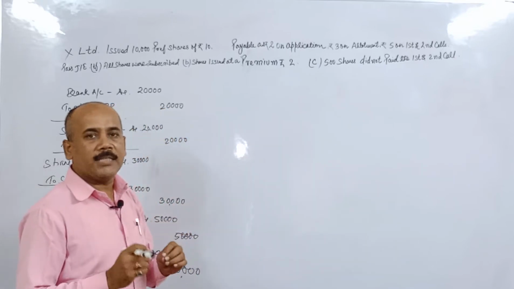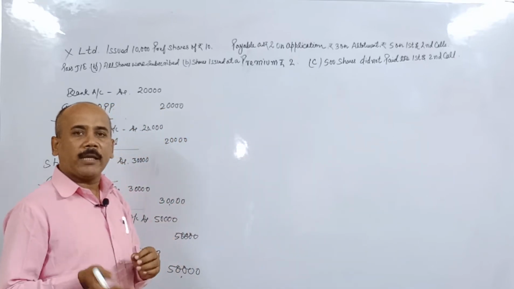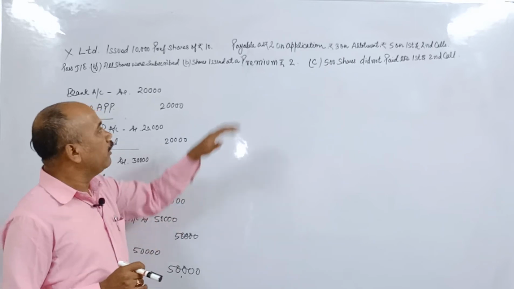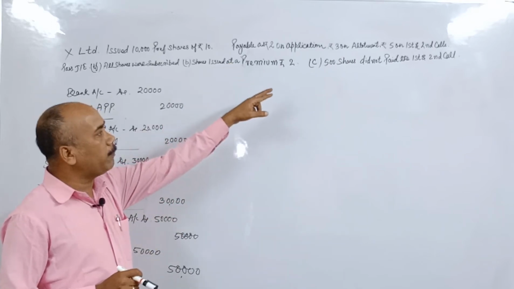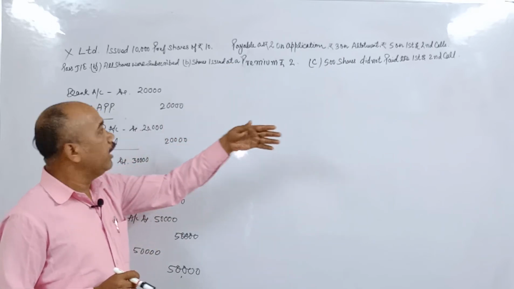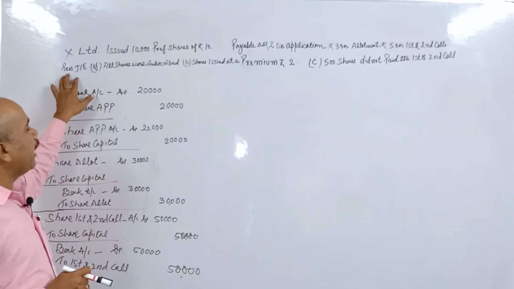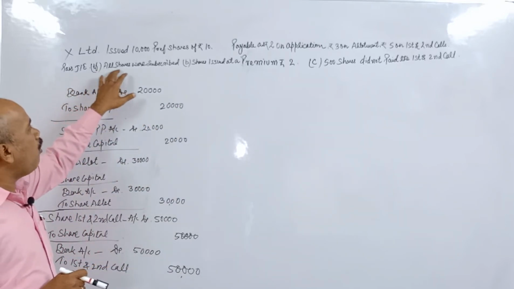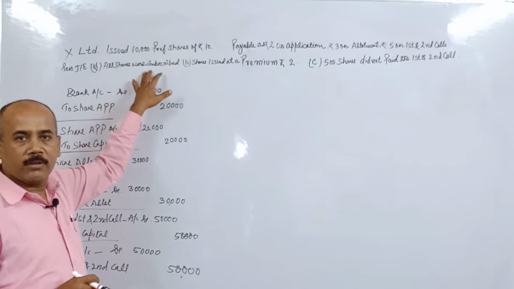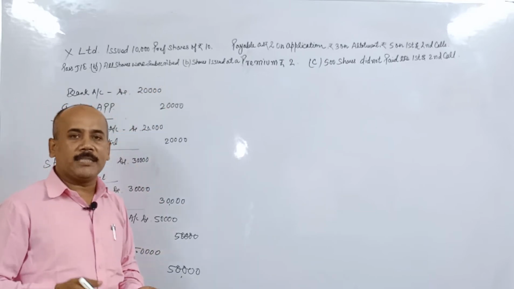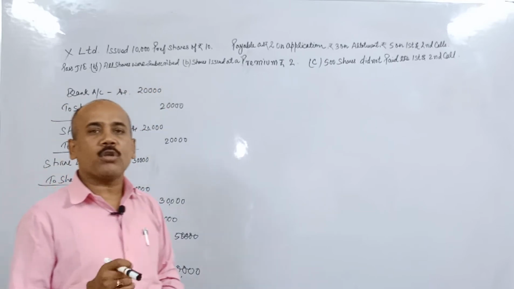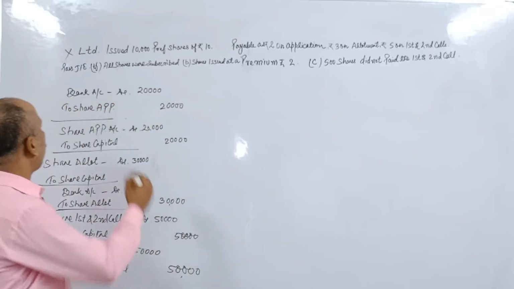The payments are received by the company in the form of application, allotment, and first and second call. We are assuming that all the shares are subscribed, so what will be the basic journal entries in the books of the company?